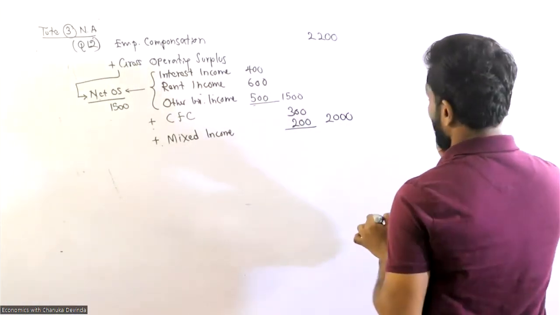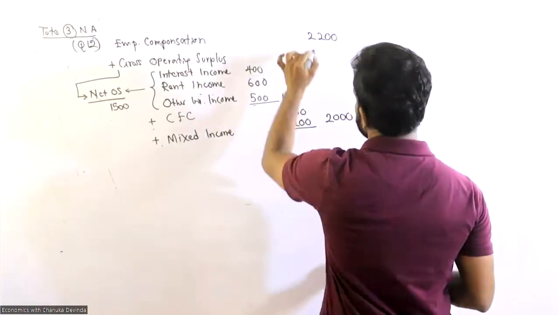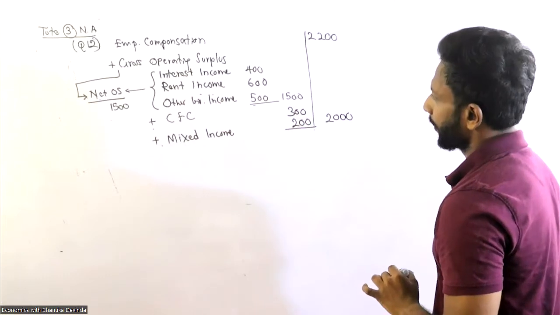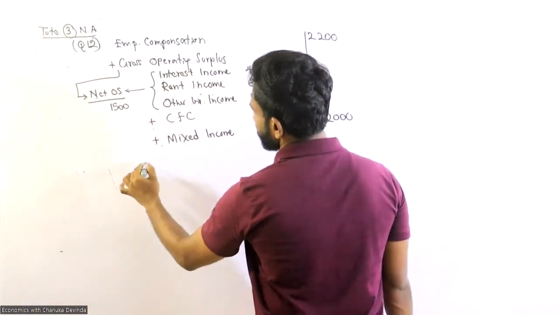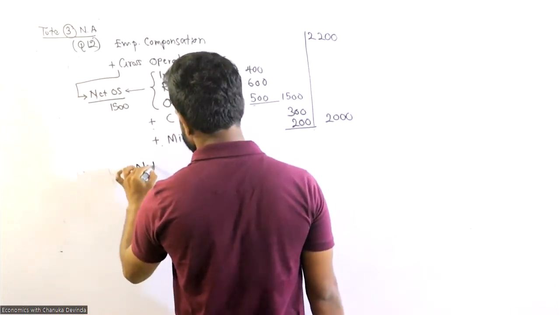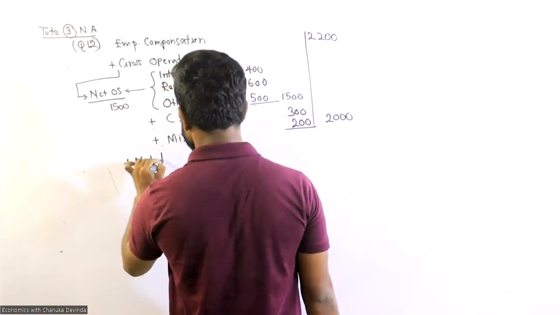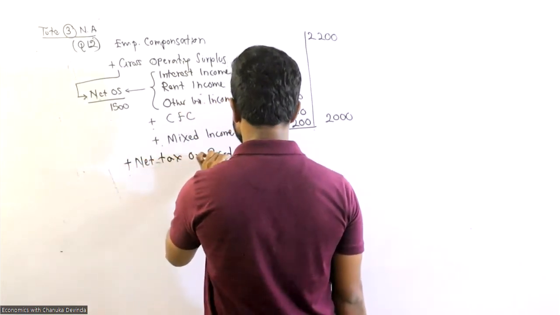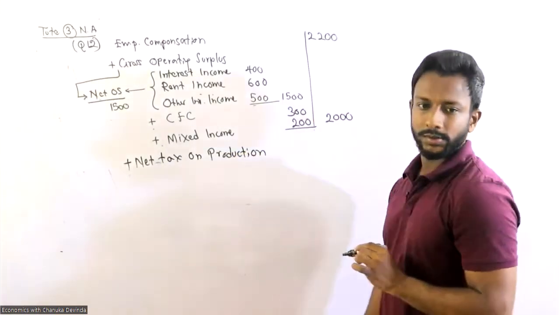Here employee compensation value is 2,200. Plus there was one element more, net tax on production. How much was it?